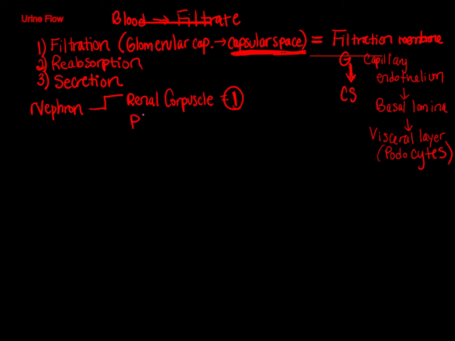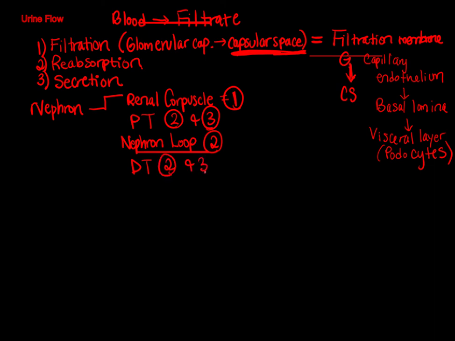And then we're going to get to our proximal tubule, where we'll see both functions 2 and 3. Then we'll see our descending nephron loop and our ascending nephron loop, where we will only see function number 2, reabsorption. And finally, the last portion of our nephron, our distal tubule, which is where we're going to see functions 2 and 3 again.